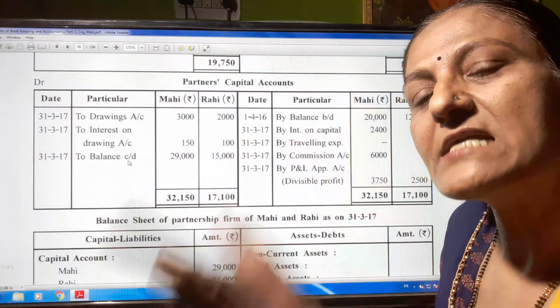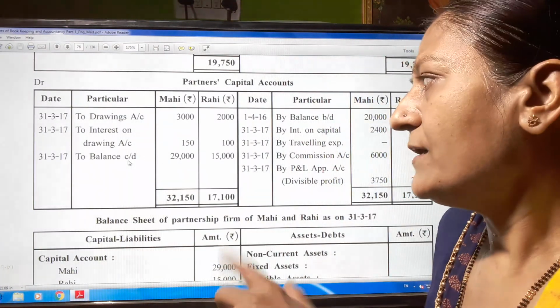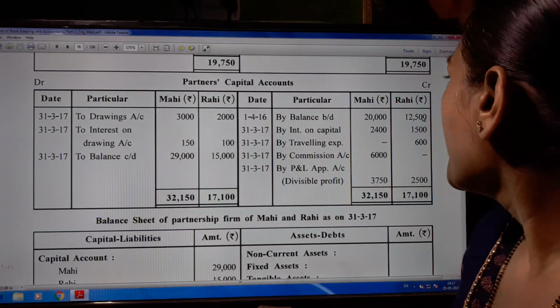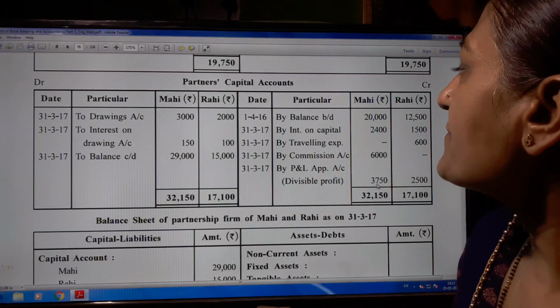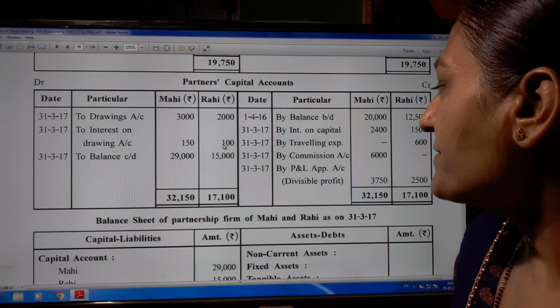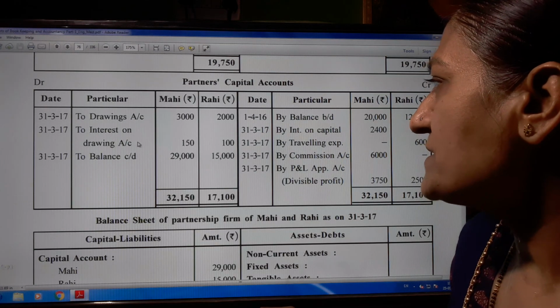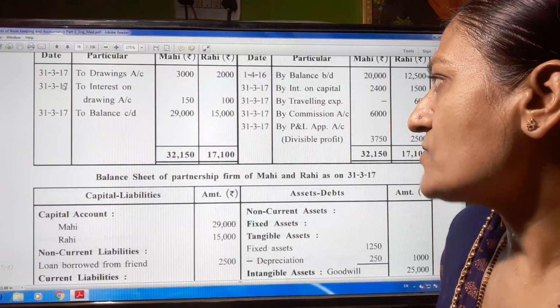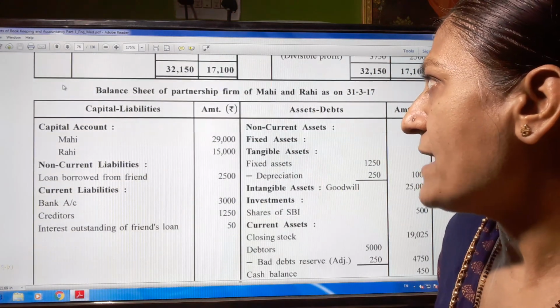This balance we transfer to the balance sheet as partners' capital. Now Rahi: 17,100 minus 2,100, we get 15,000 rupees, and it is the balance carried down. So now we transfer both amounts to the balance sheet.